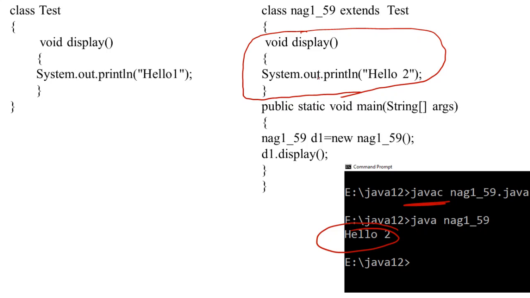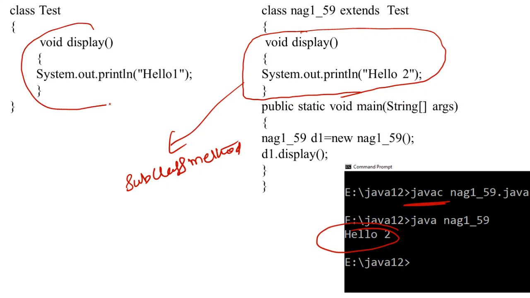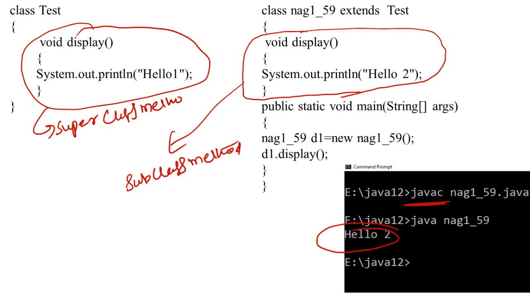In which case what happens? This is related to the subclass method. This is the subclass method, isn't it? This one is the superclass method. Which one is executing? If I call with the help of a subclass object, it is executing the subclass method.